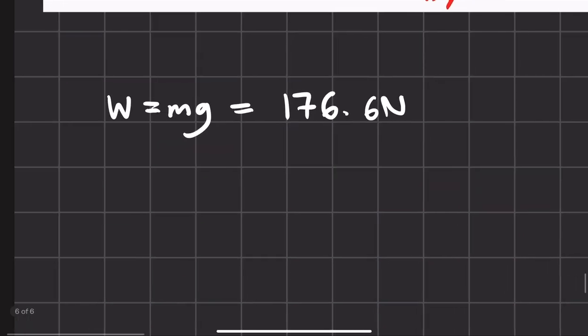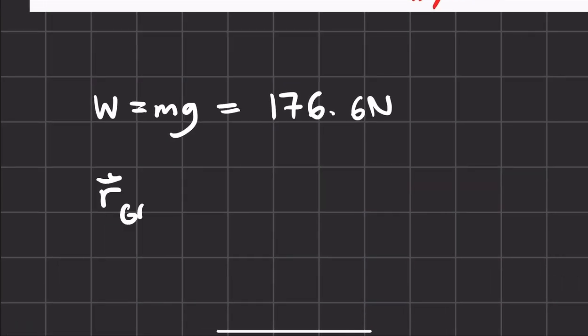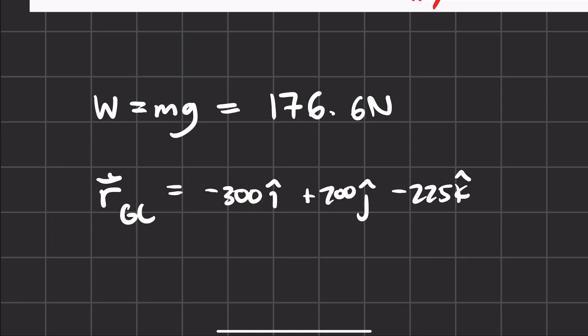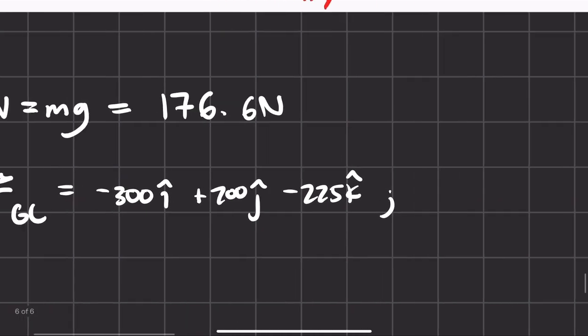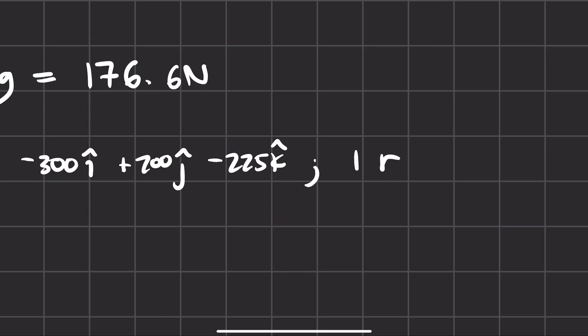We can also get the position vector from G to C as negative 300I plus 200J minus 225K. And we'll get that its magnitude, from G to C, is equal to 425 millimeters.